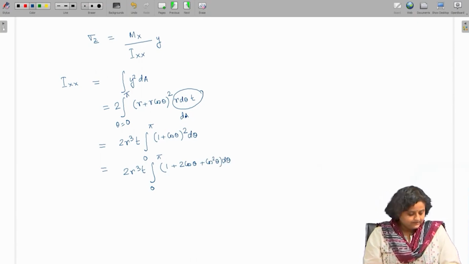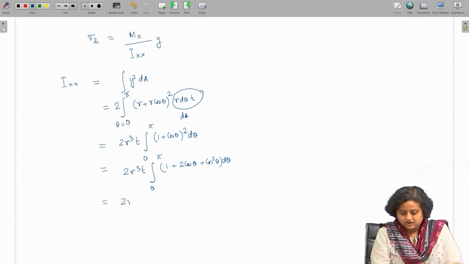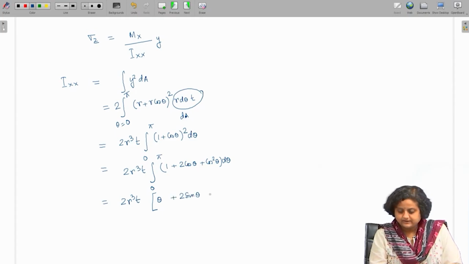If we evaluate this integral, this can actually be written as 2 r cube t, then integral of 1 will be theta, and 2 cos theta would be 2 sin theta, and cos square theta, if we integrate that in terms of cos 2 theta, is going to give us theta by 2 minus 1/4 into sin 2 theta, and the limits are going to be from 0 to pi.